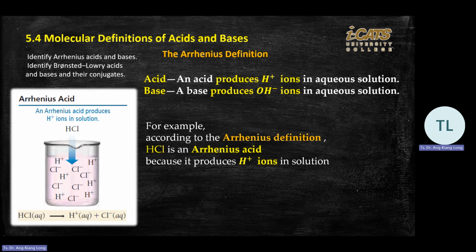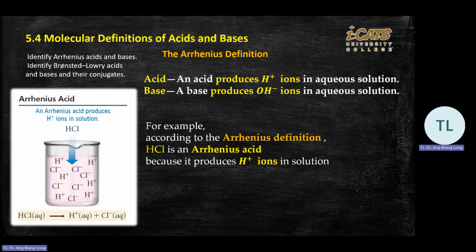But in chapter 5 onwards, including the final exam, you need to tell me the state of that item, especially for questions from chapter 5. For example, HCl(aq) means aqueous, becomes H plus aqueous plus Cl minus aqueous. It breaks into 2.